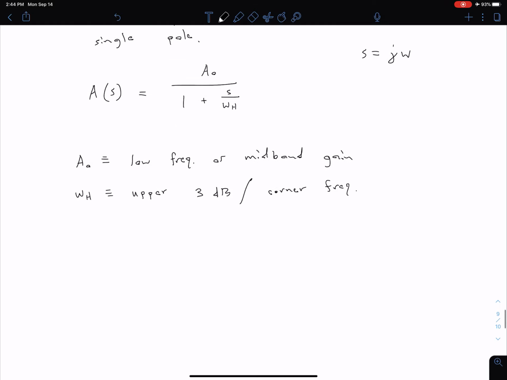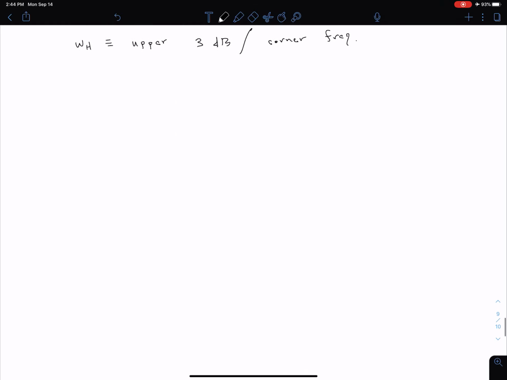If we plot what this looks like, let's do a plot of our gain versus frequency. We have our frequency omega in radians per second on our independent axis, and up here we have the magnitude of our gain.